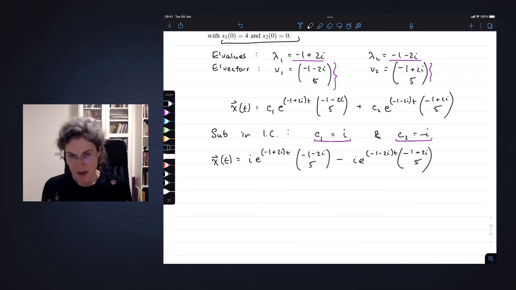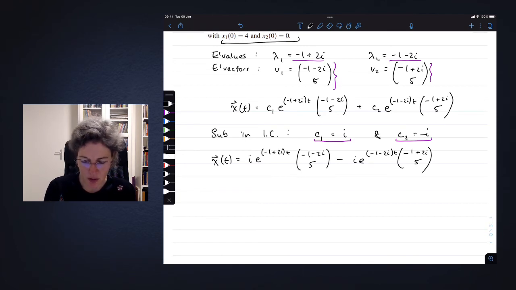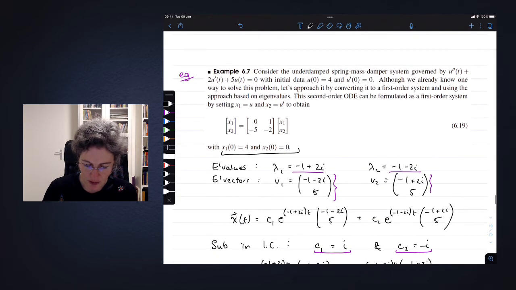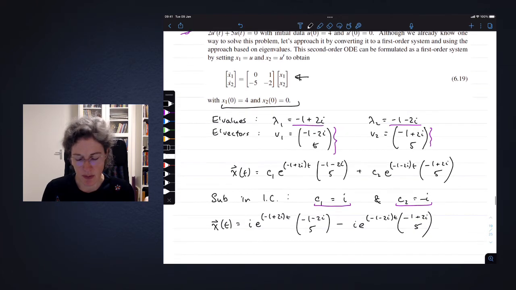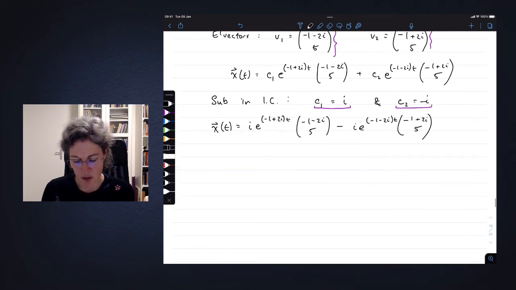And you're probably having the same feeling that you had sometimes when we were solving our second order DEs and we got things that really looked extremely complex for a situation which really should have a real solution. So if we go back and look at this system of differential equations here, there's nothing imaginary there. So why would we suddenly be having imaginary bits in our final solution?